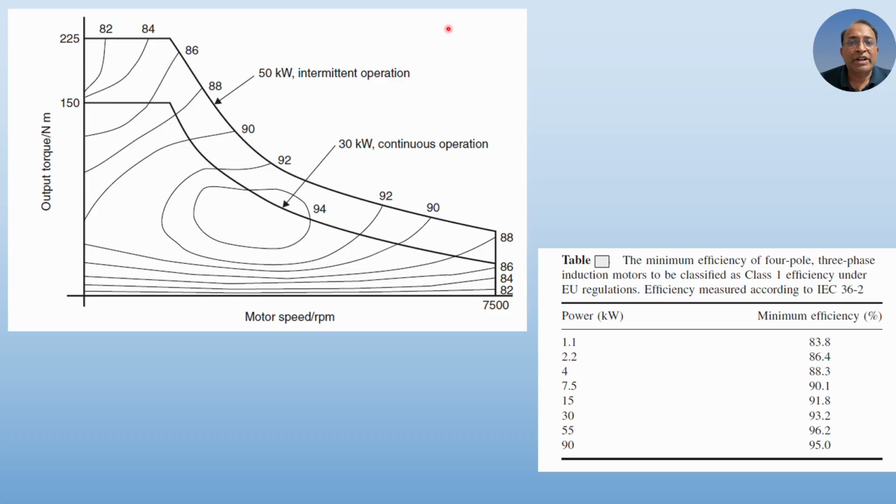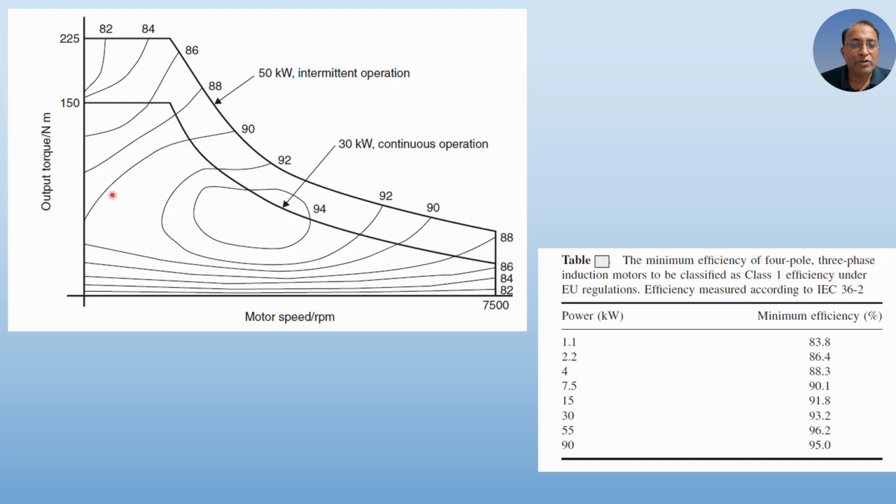The graph also indicates the variation of efficiency on the torque speed characteristics diagram. Apart from the torque speed characteristics, we can see these contour diagrams. You can see this circular part; inside it the efficiency is 94%. Similarly, this is another contour, 92, then yet another contour, 90.